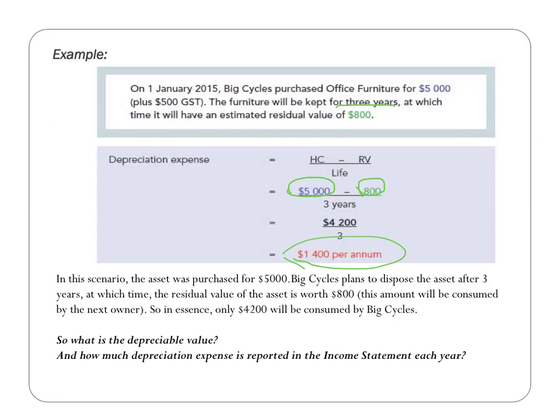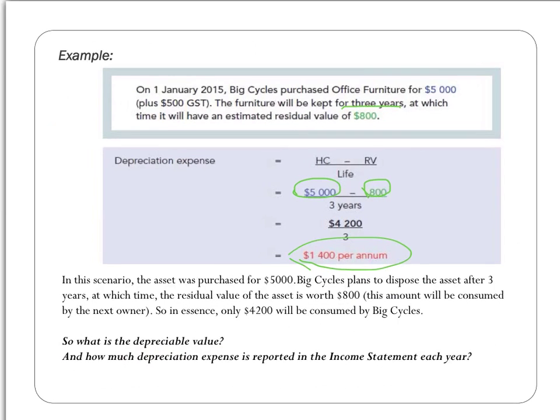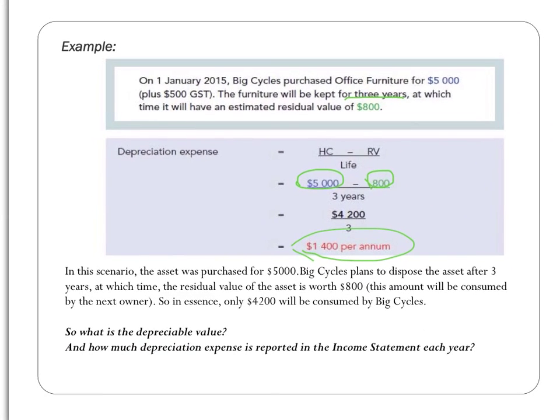All right, so again, just a quick recap. The asset was purchased for $5,000. Big Cycles plans to dispose of the asset after 3 years, at which time the residual value of the asset is worth $800. This amount is going to be consumed by the next owner if you decide to sell the furniture at the end of the 3 years to someone else. So in essence, $4,200 will be consumed by Big Cycles.